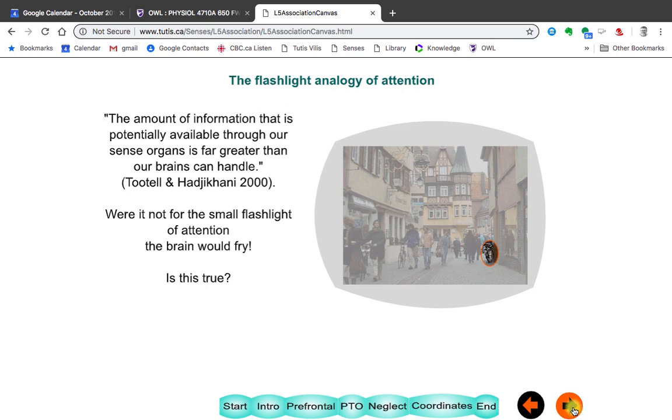One theory for why it's doing that is that if every area in the brain were active or admitting this information, then it's too much for the brain to handle, and the brain would fry. Well, we know that's not true. We know that instead of frying, it would simply faint.